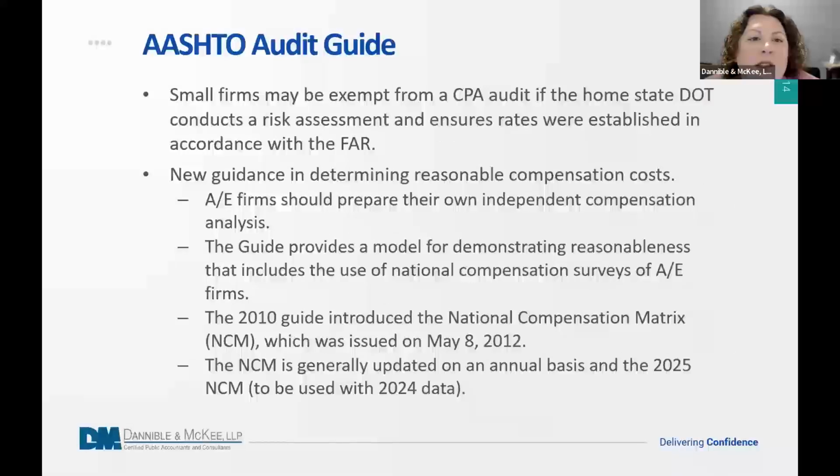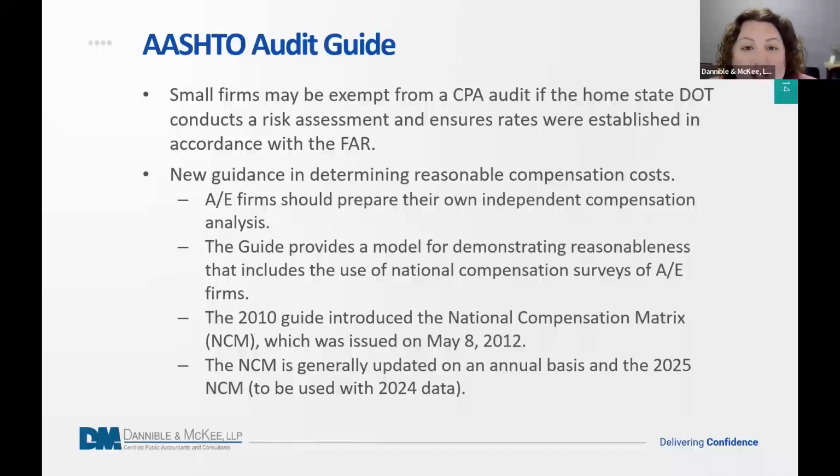So who is required to have a FAR audit? This differs from state to state. It differs by agency to agency. Some guidelines, like in New York State, the New York State DOT, if you're a small firm, you may be exempt from a full CPA audit. However, what's a small firm? In New York State, for the New York State Department of Transportation, that's only $1 million of gross revenue.